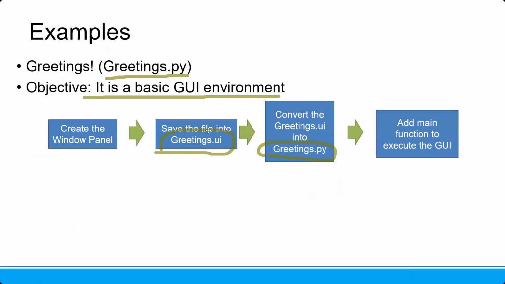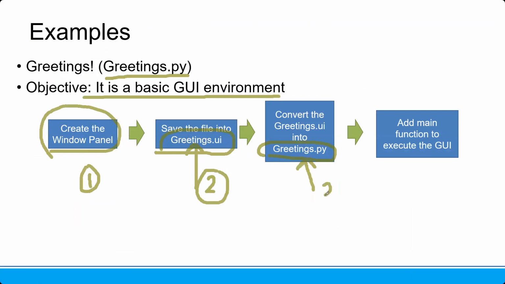As you know, before we create this user interface, we need to create the window panel. After we create the window panel, let's save the window panel into a file. Let's say this name is greetings.ui. And then let's convert it into greetings.py. And then let's put some function before we execute it.